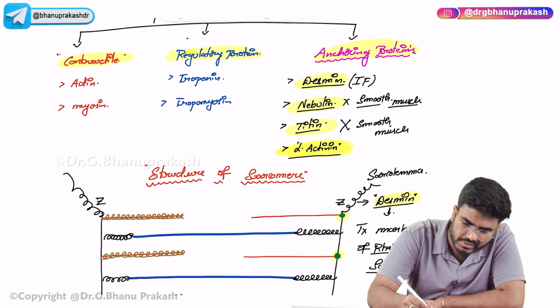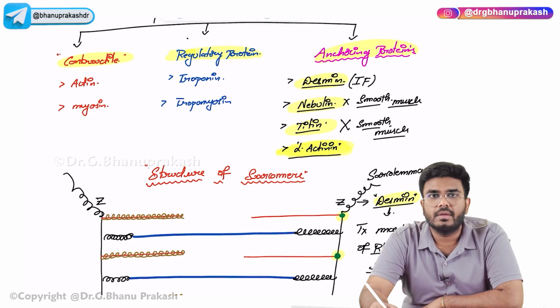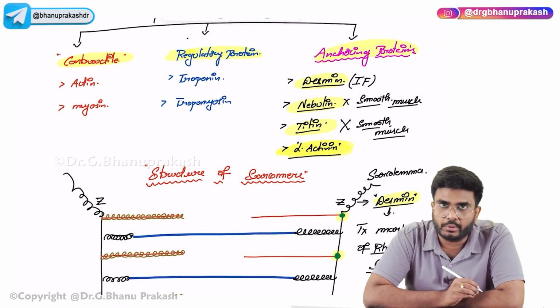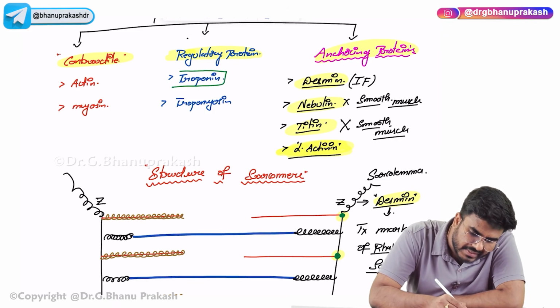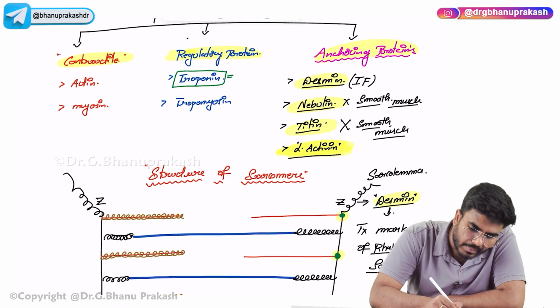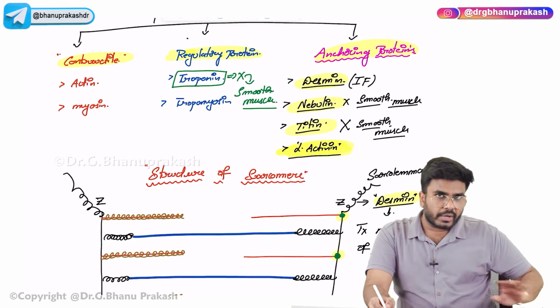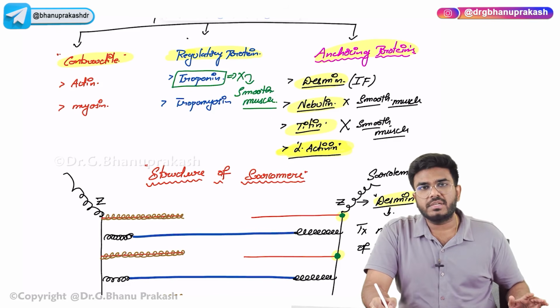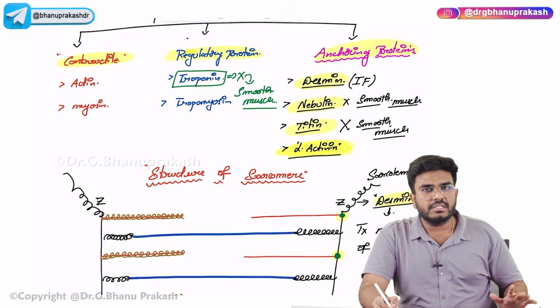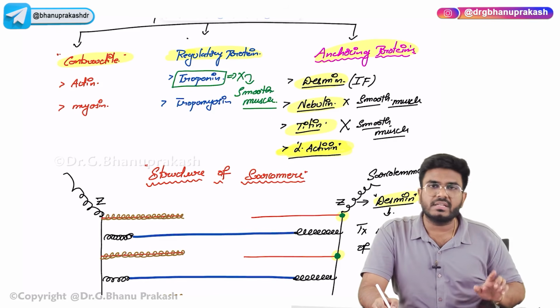And one more thing, troponin is present in the skeletal muscle, but it is absent in smooth muscle. So these are the points which I want you to know. Troponin is absent, T-tubules are absent, nebulin is absent, titin is absent, in smooth muscles. All these are MCQs.